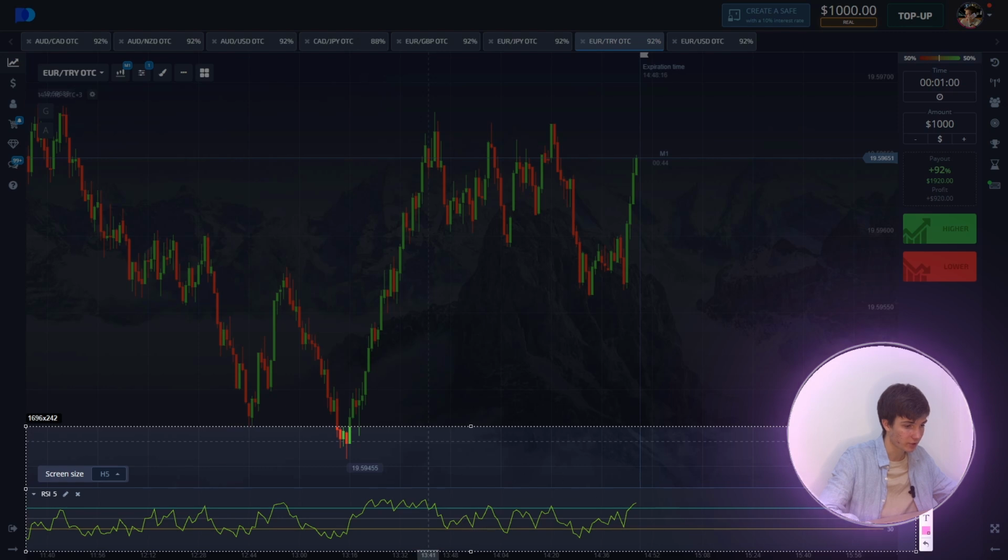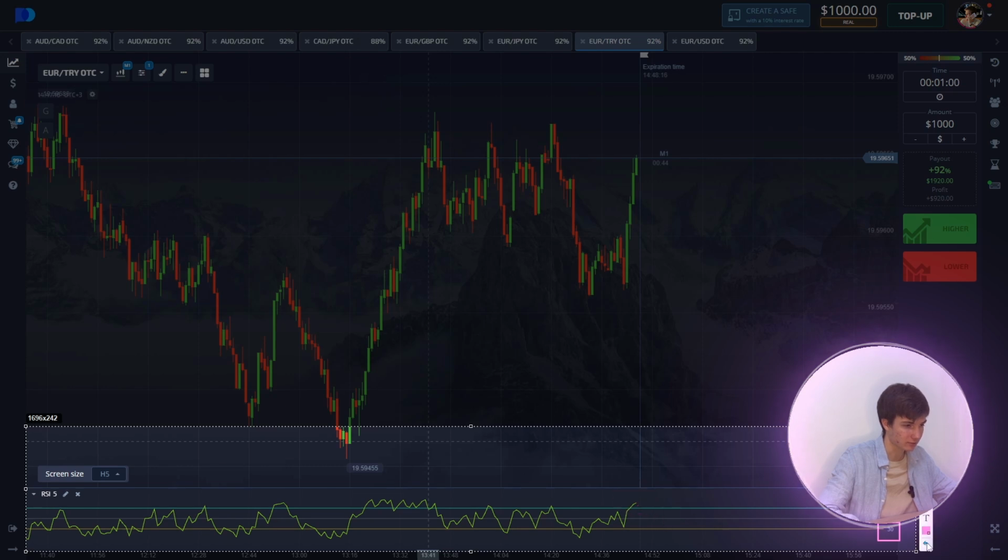We see the green moving average here, and there are also these numbers. The upper one is the overbought zone, and it means that if the moving average crosses this level, then the price is in the overbought zone. And overall, after this move, the price RSI has to go down.